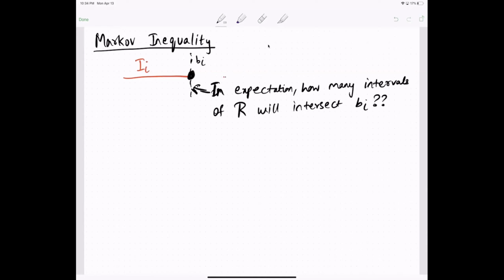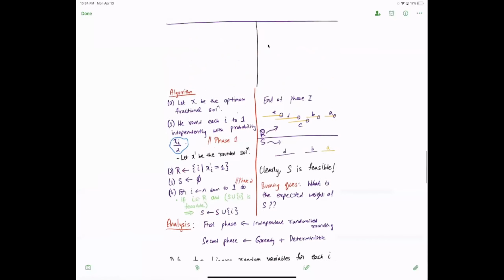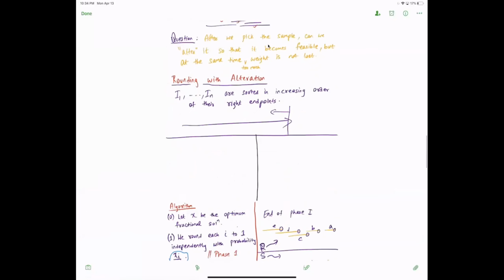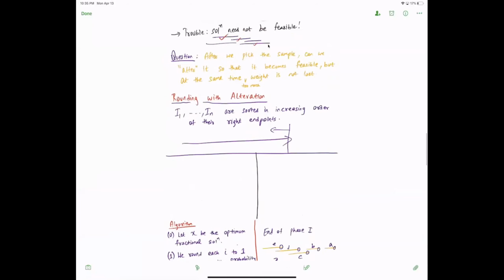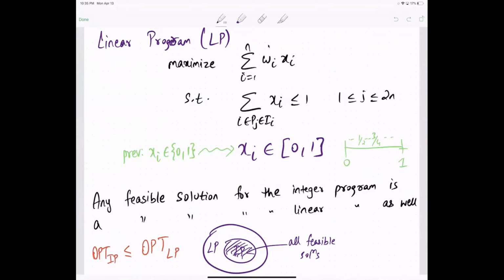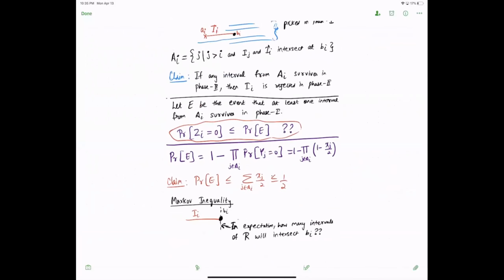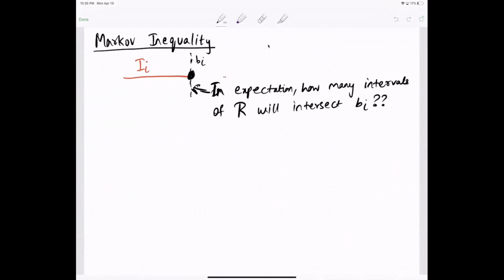Well, we look at the constraint, right? If we go to the LP that we had, we'll have to make use of the constraint there. Yes, the constraint that we wrote for BI, right? What did we write there?